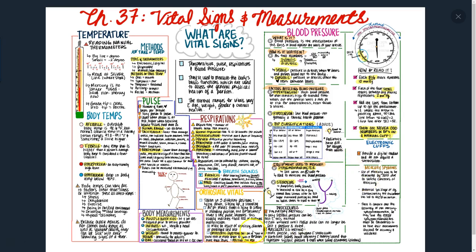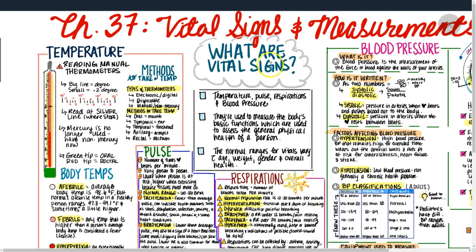So we start, I'm going to see if I can blow this up a little bit. We start here with figuring out what the vital signs are, and those include these 4 basics, which are temperature, pulse, respirations, and blood pressure. They are used to measure the body's basic functions, which are used to assess the general physical health of a person.